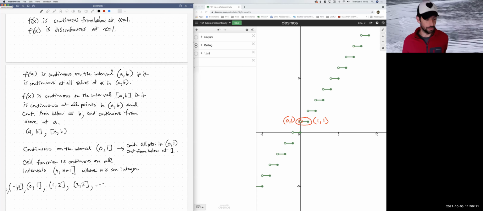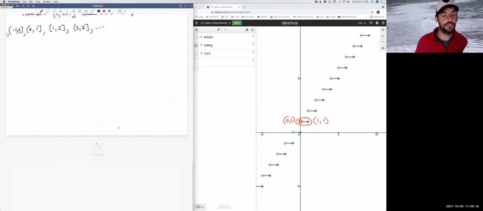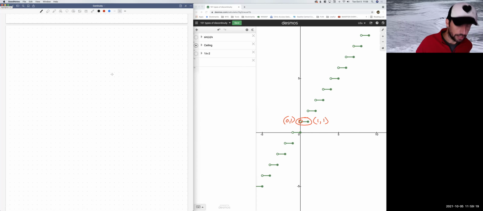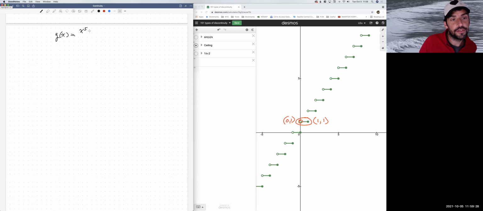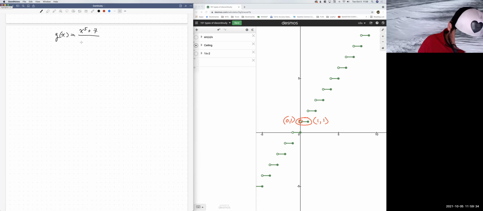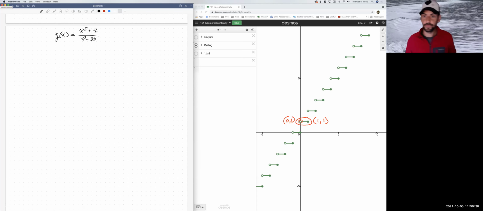Okay, let's do one last example. Let's look at a rational function since we were talking about them earlier. All right, so what we want is to find the intervals where g of x is equal to (x to the 5th plus 7) over (x cubed minus 3x), right?